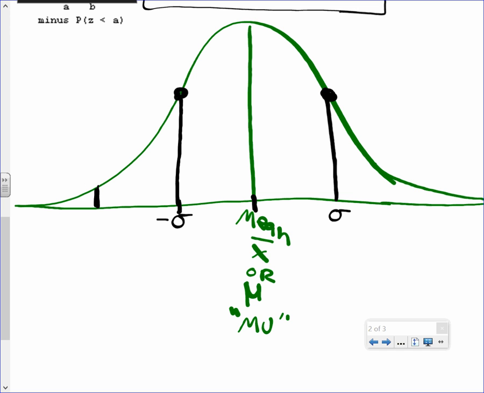And do the same thing on the right side, about the same distance, another line. So that second line above the mean is 2 sigmas, 2 standard deviations above. And the second line below is negative 2 sigmas, negative 2 standard deviations below.